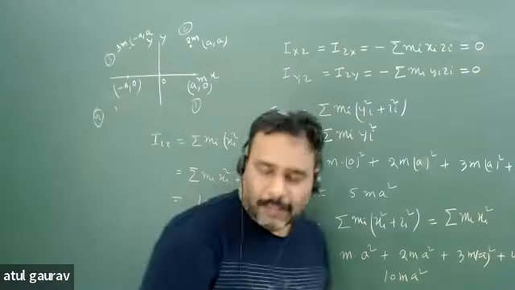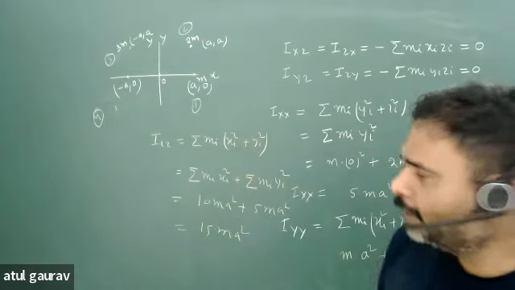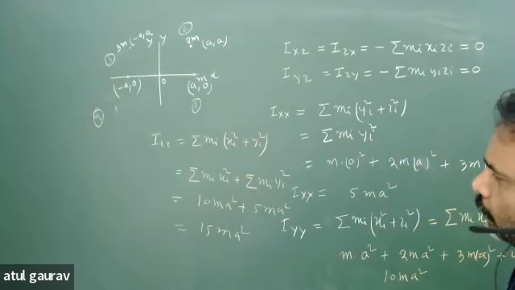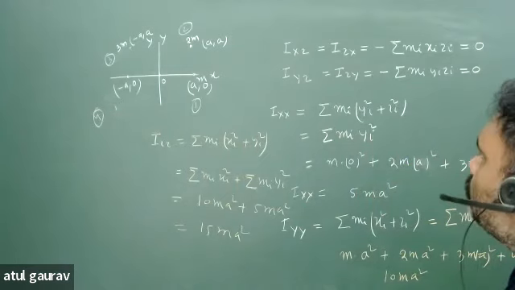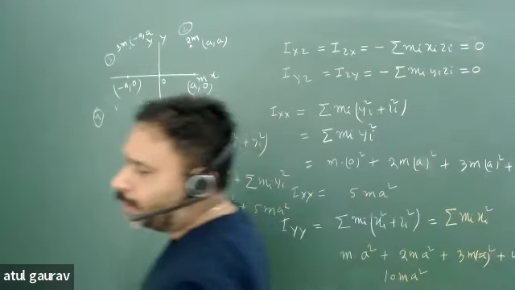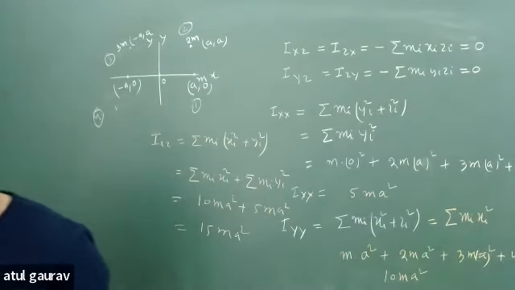Do you remember something from your school days? School means plus 2 days. Anuj will tell. Do you remember something, Anuj? Yes, sir. Perpendicular axis theorem. Very good. This is nothing but something like the perpendicular axis theorem.